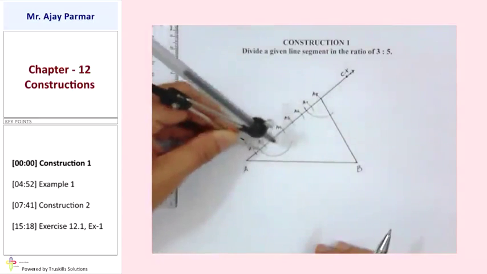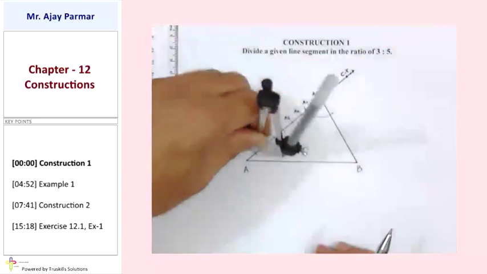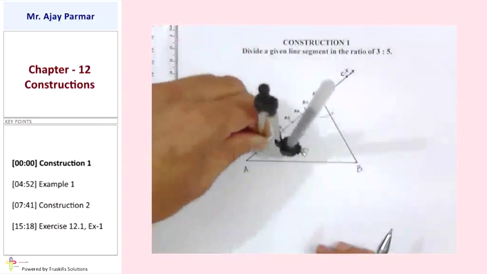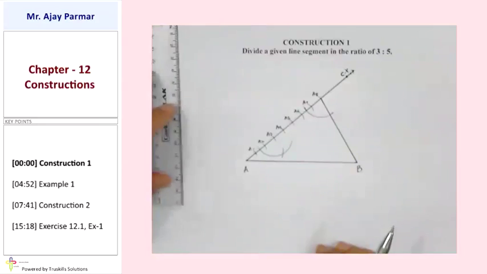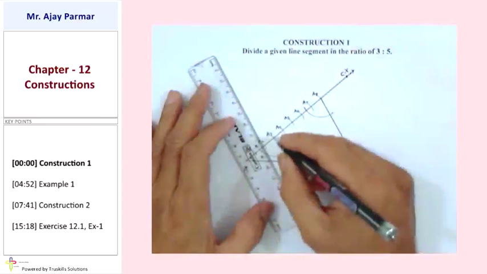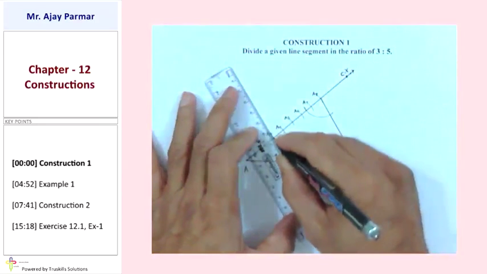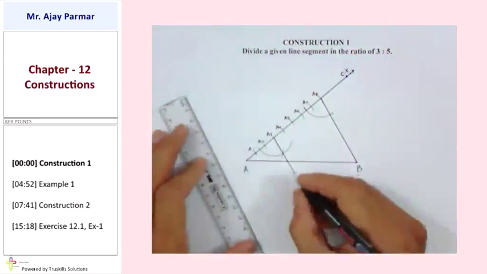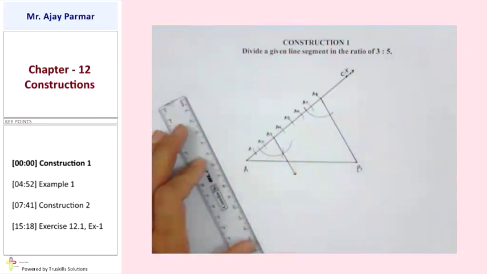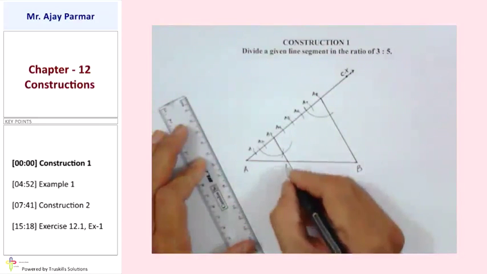Taking this as the center, I will draw an arc which will intersect the previous arc. And that point I shall join with A3. And that ray is going to intersect line segment AB at some point, say point P.